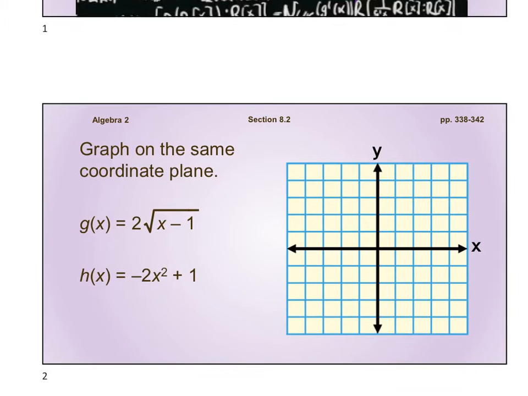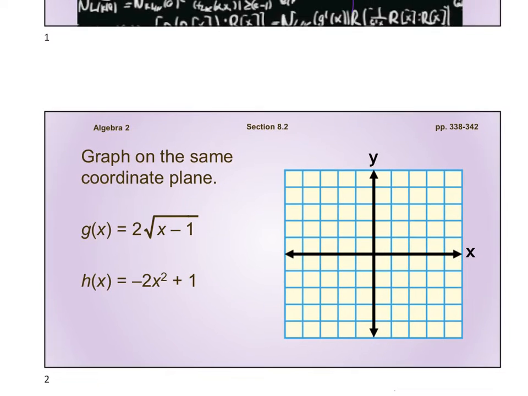All right, graph on the same coordinate plane. So we're going to look at these two graphs side by side. G of x equals 2 times the square root of x minus 1. Well, remember, when we graphed these square roots, we want x minus 1 to equal 0, 1, 4, and 9.